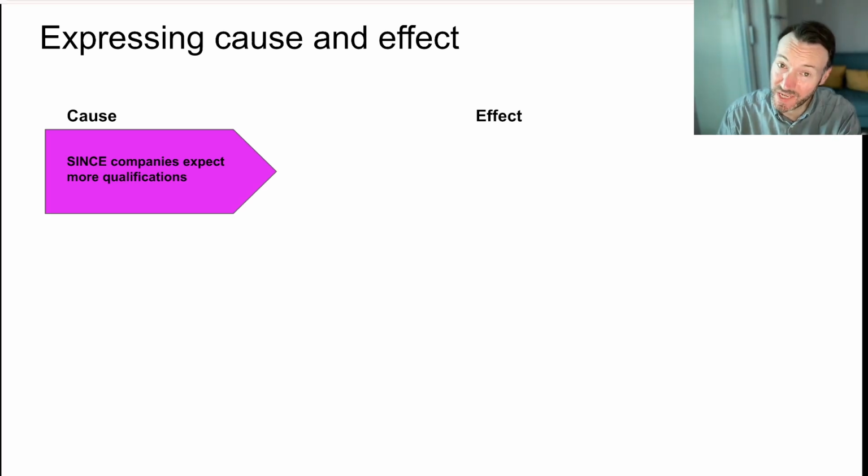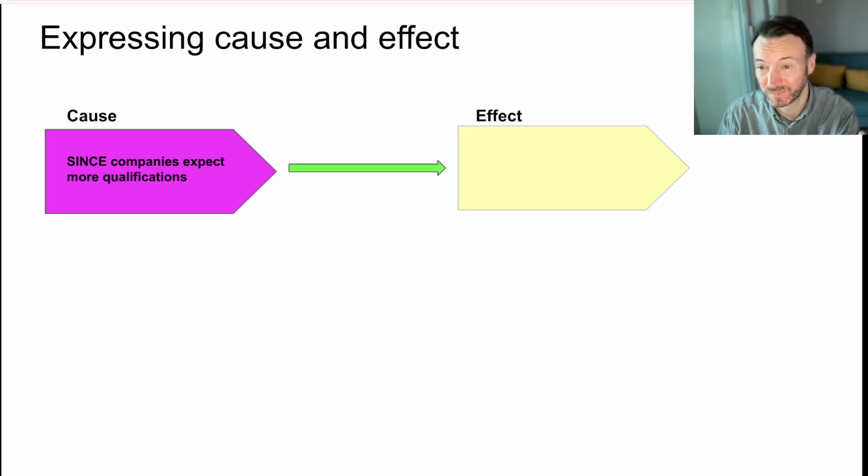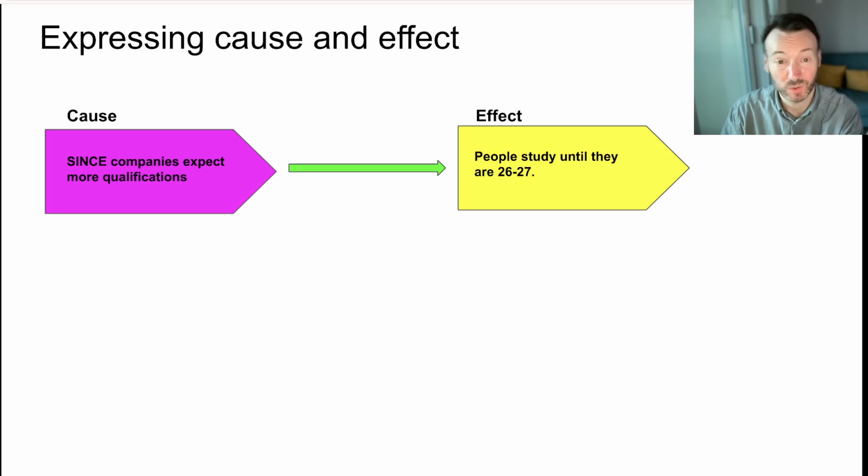Okay, so what is the effect? Well, the effect is people study until they are 26 or 27. So maybe companies are expecting not just a university degree, but an MBA, a master's degree, or some kind of vocational training even. Okay, so we have our cause, since companies expect more qualifications, and the effect, people study until they are 26 or 27.